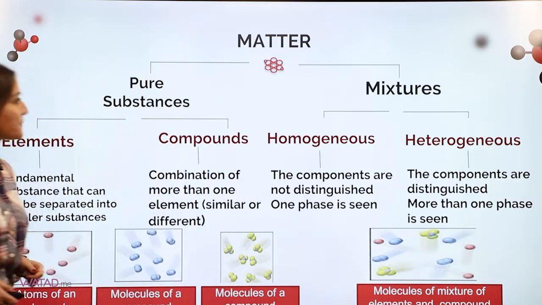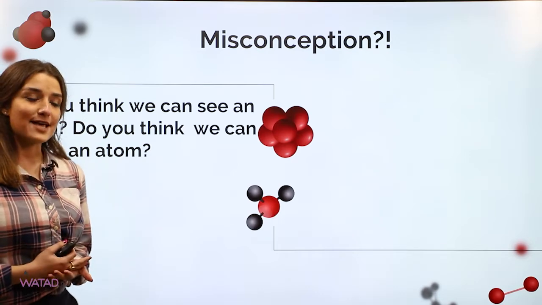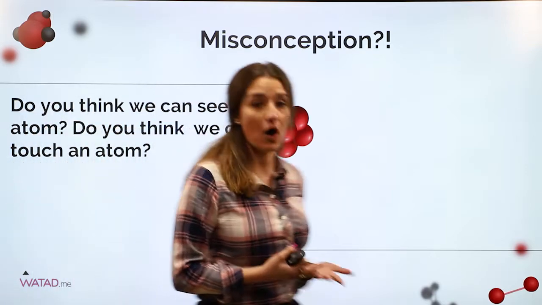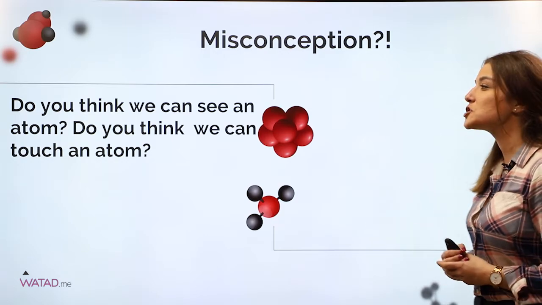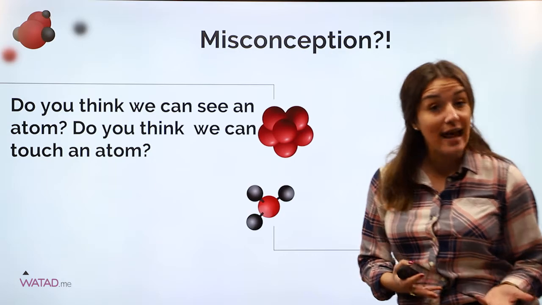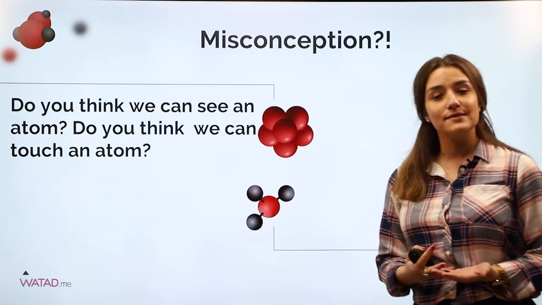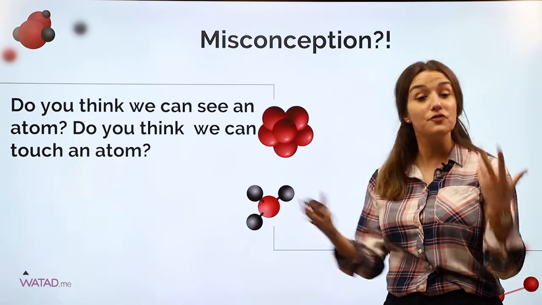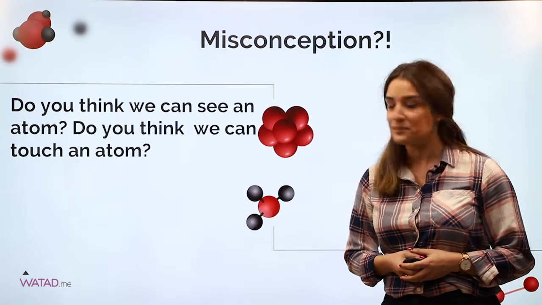Let's proceed. One important idea to consider is whether we have this misconception about atoms or not. Always we ask this question: do you think we can see an atom or touch an atom? This misconception arises because we always compare or confuse atoms with the cells that we discuss in biology.